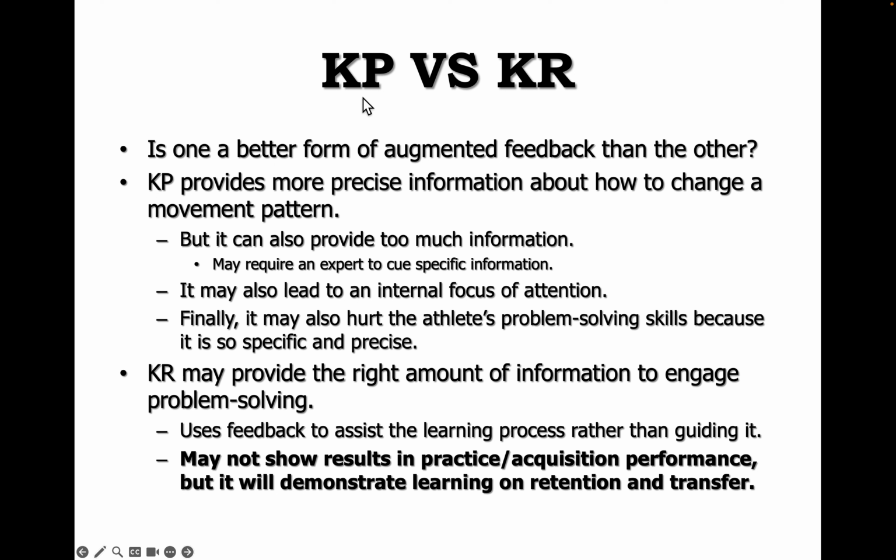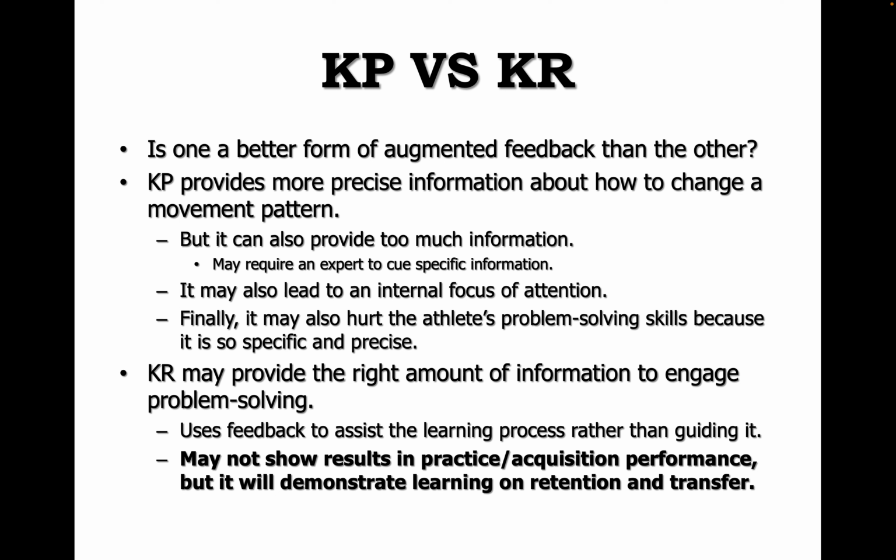All right, looking at knowledge of performance versus knowledge of results. Is one a better form of augmented feedback compared to the other? Knowledge of performance provides more precise information on how to change a particular movement pattern. With that, we can provide more precise information, but it also could provide too much information, leading to information overload.